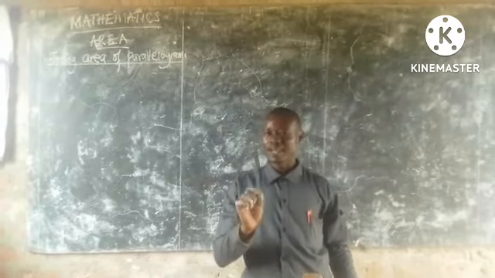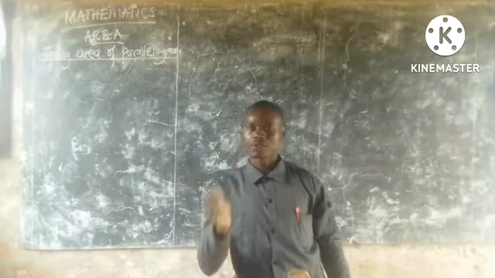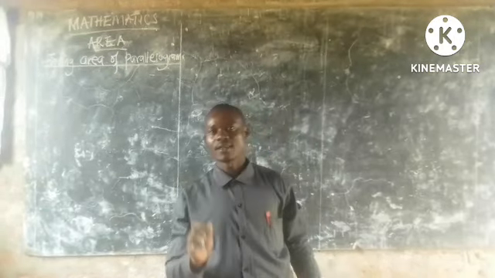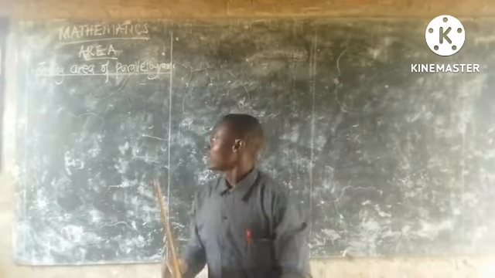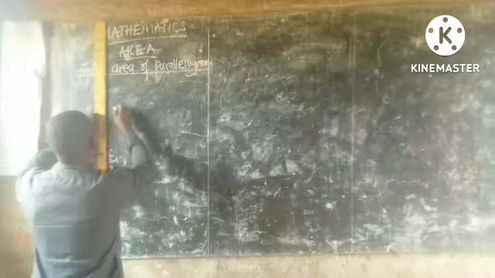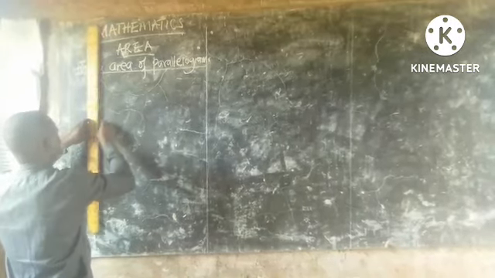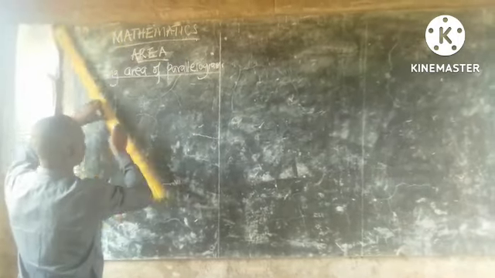And we have the height also there in the parallelogram, whereby the height is determined or known by a 90-degree or right angle. So here, this is how we can draw our parallelogram.